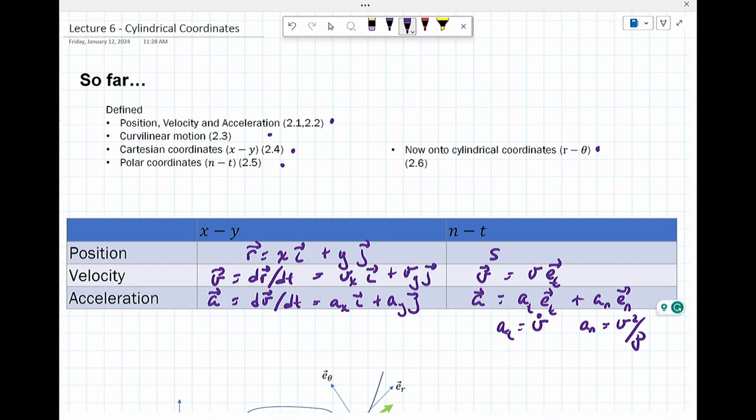So remember, the second term was v et vector dot, and after you were all done, a v over rho appeared. And so you multiply that with the current v, and you get v squared over rho. So that's our normal acceleration.